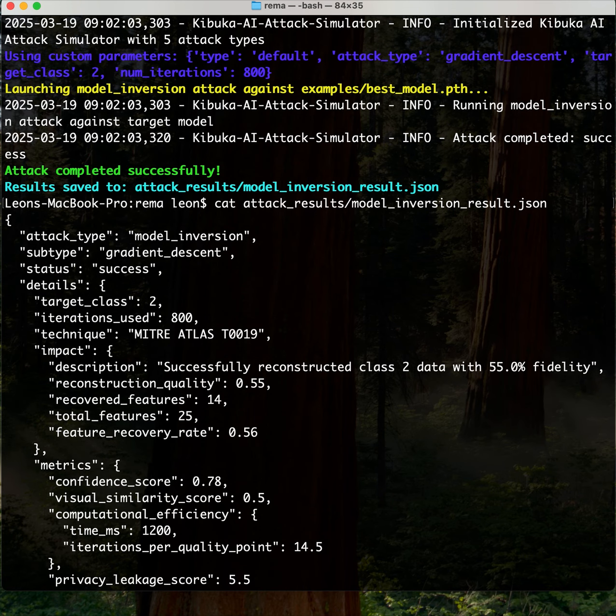And there are just 2 or 5 attack categories that Kibuka can simulate. Each one of them provides detailed metrics that go far beyond what any other tool on the market can.